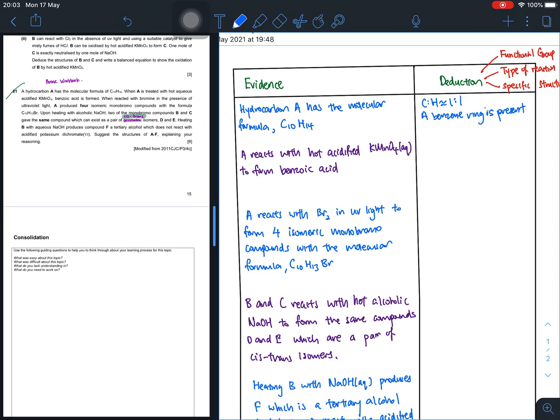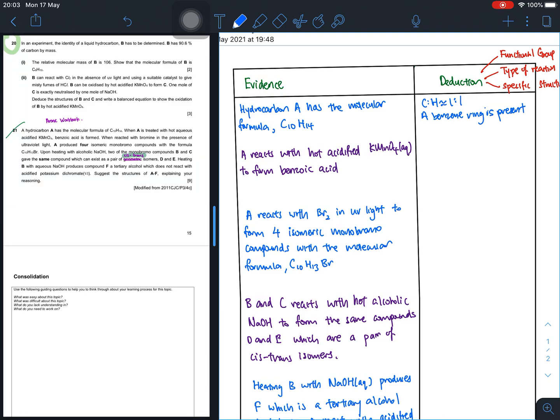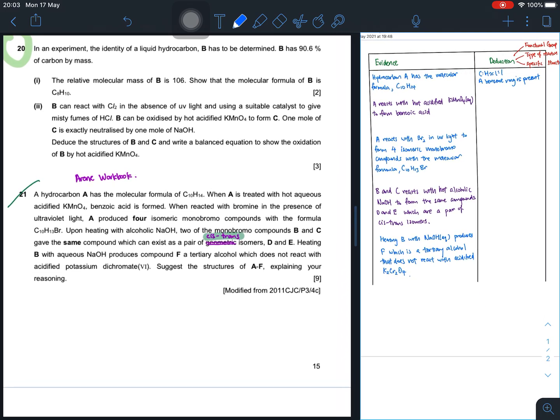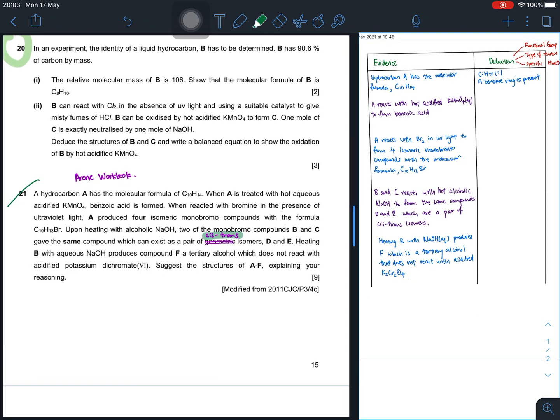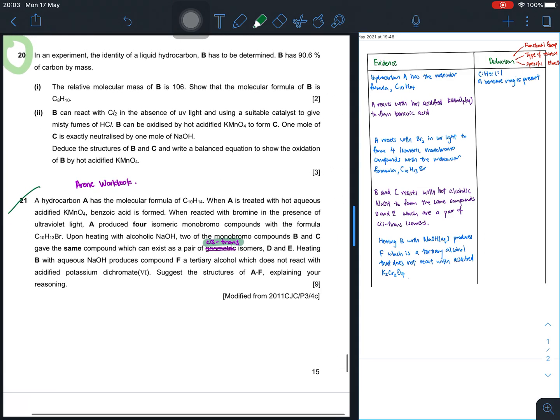Okay, and then we move on. What else it also mentioned is that when A is treated with hot aqueous KMnO4, benzoic acid is formed. So I'm at the second line itself. Now I can actually deduce certain things as well.